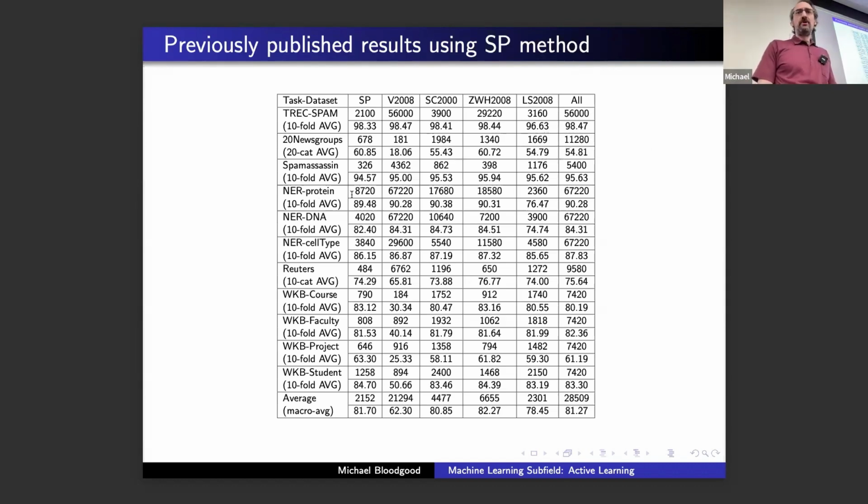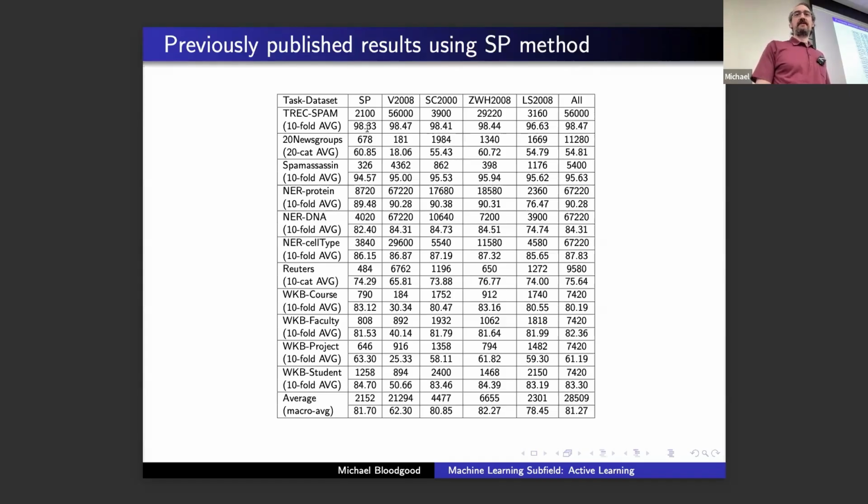So you can take, for example, the first one. This was a classification task for classifying a text document, whether it's an email document or a spam document. And the stabilizing predictions column is here. It says to stop when you only labeled 2,100 examples out of the 56,000 in the entire set.